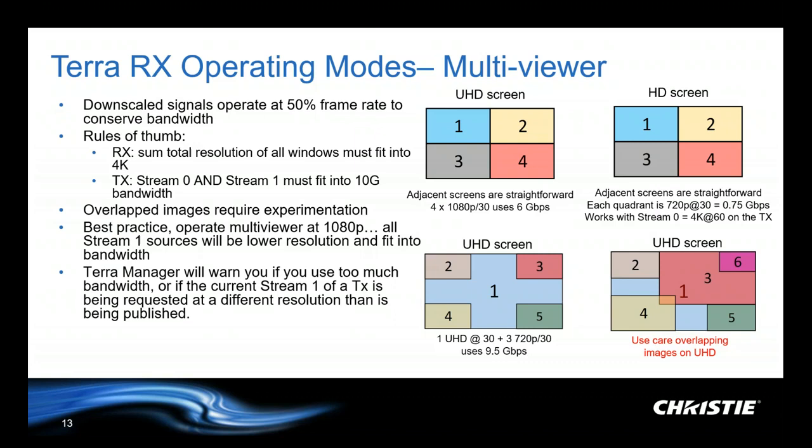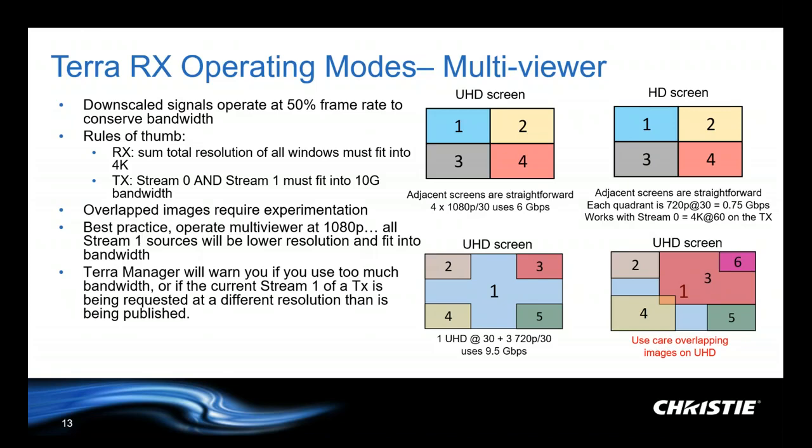And this is a resolution that could be handled by stream 1 on a transmitter that is transmitting 4K at the same time. So 4K 60 is taking up about 8.5 to 9 gigabytes of bandwidth, and stream 1, if it's in 720p, is only taking up 0.75 gigabytes, so it fits into the pipe. Okay, so that would work.